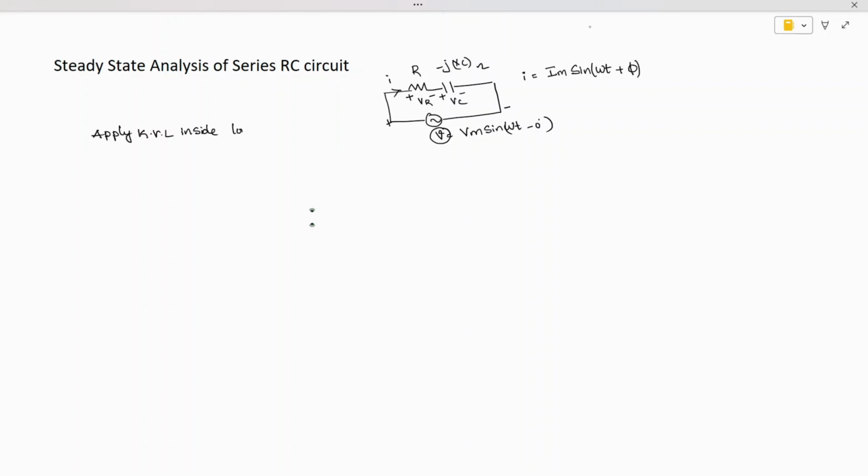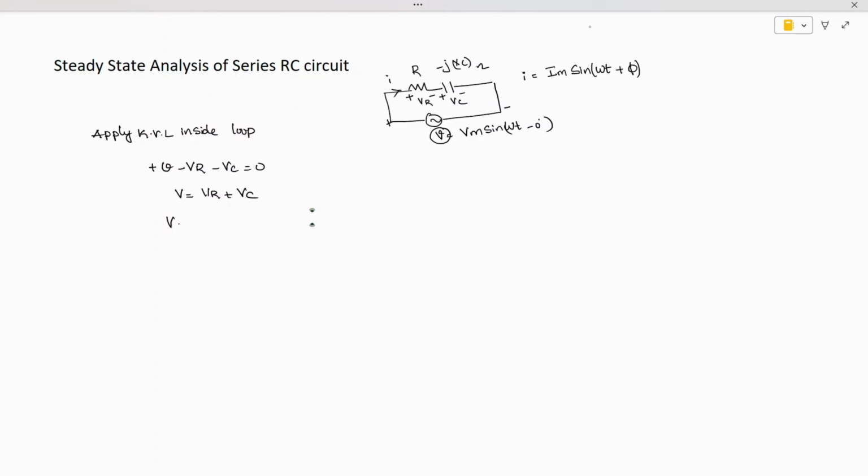So when you apply Kirchhoff's voltage law inside the loop, this is plus V, minus VR, and minus VC, equal to 0. Therefore, we can write V is equal to VR plus VC.